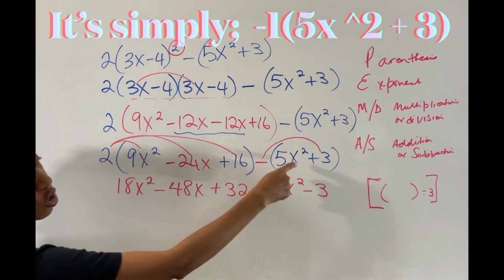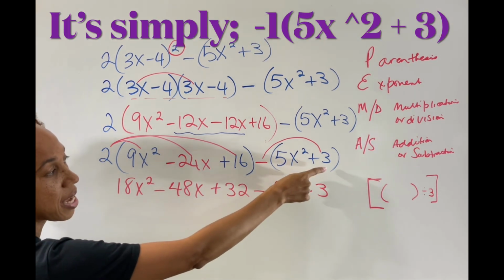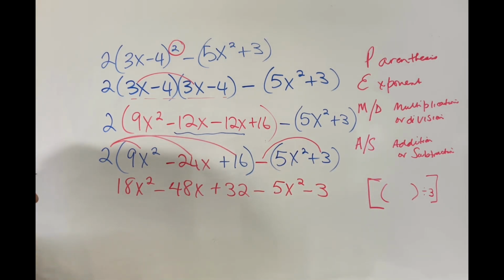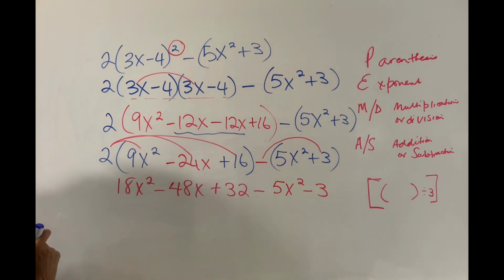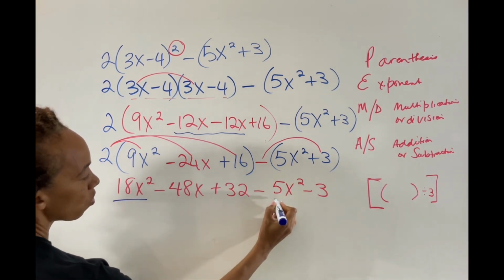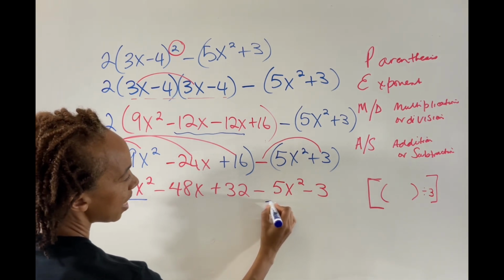If you don't use the distributive property properly where you have the parentheses, you will arrive at an incorrect answer. So now we are going to see if we have any like terms here, and we notice that we have the 18x squared and we have the negative 5x squared.